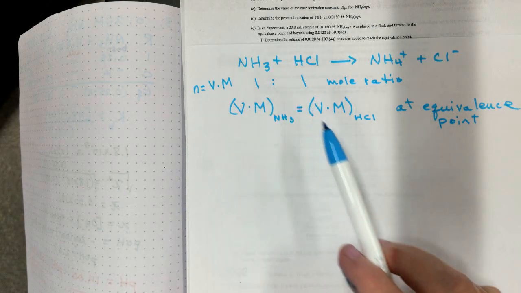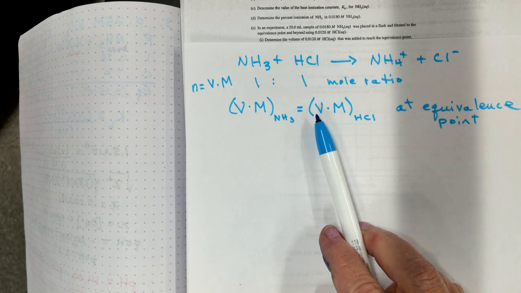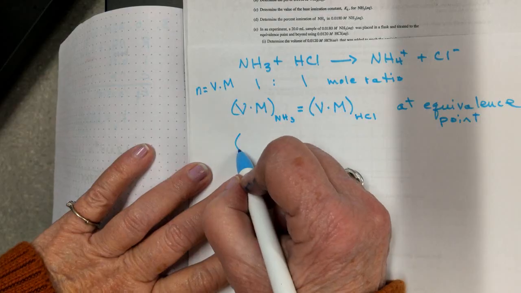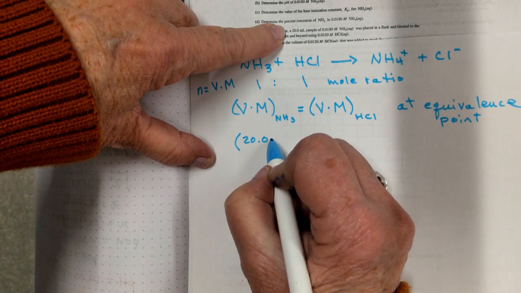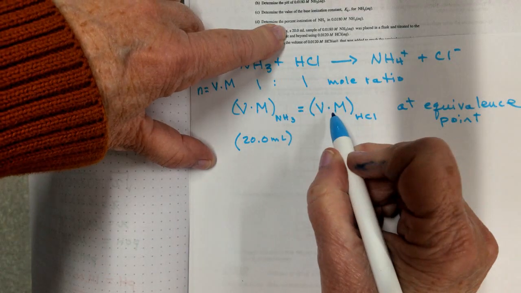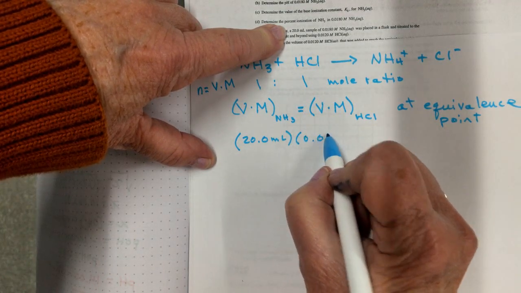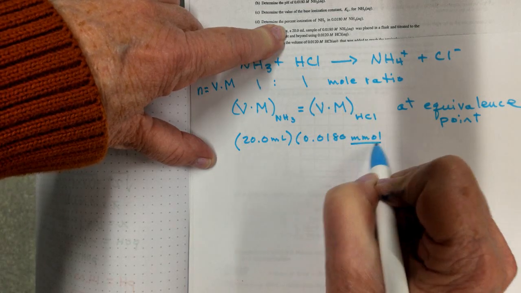They gave me the concentration of the acid. So can I find the volume of the acid? Sure. So the volume of the base that we were given is 20. And because I'm in milliliters, my volume is going to chug out in milliliters. And that's going to be millimoles per milliliter.